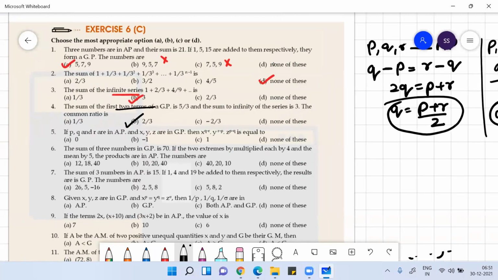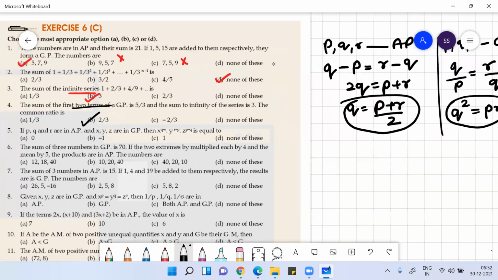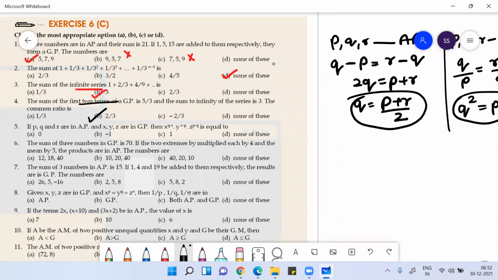So here it is given P, Q, R in AP means Q is equal to P plus R by 2. Here X, Y, Z are in GP, which means Y square will be XZ. I just explained this to you.